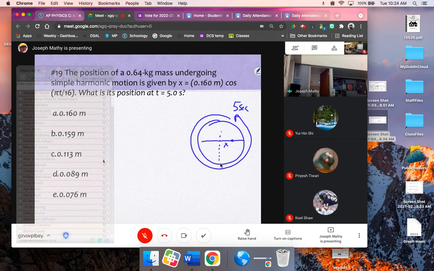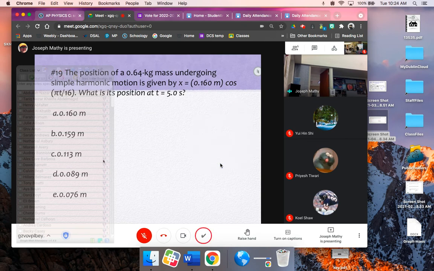Is x over here? Is it here? There are lots of possible x's, including equilibrium. X could be right at 0. So where is it at 5 seconds? That's dictated by how fast it's spinning around the circle, which is the angular frequency. And the amplitude itself is a constraint. We know the circle is only 16 centimeters big.